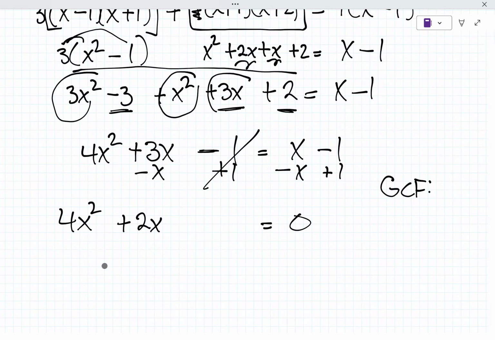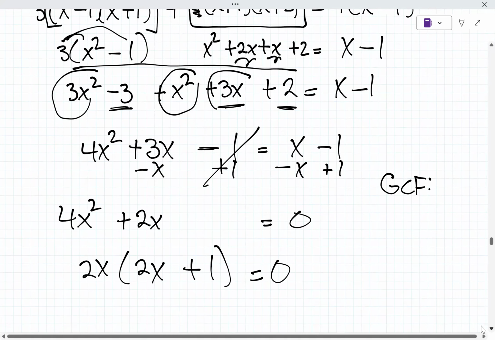They both have an x, and you can take out 1x evenly, and I think you can also take out 2. So this is going to be 2x times 2x plus 1 equals 0, right? I factor out 2x as my GCF, and then I put 2x here because 2x times 2x is 4x squared, and then I put a 1 here because 2x times 1 is 2x, right?